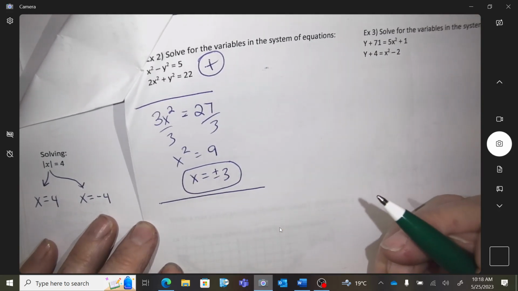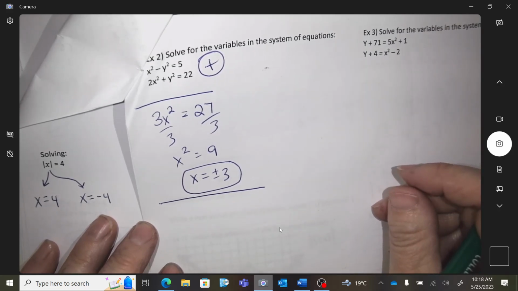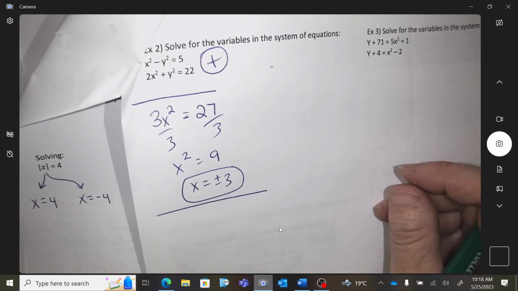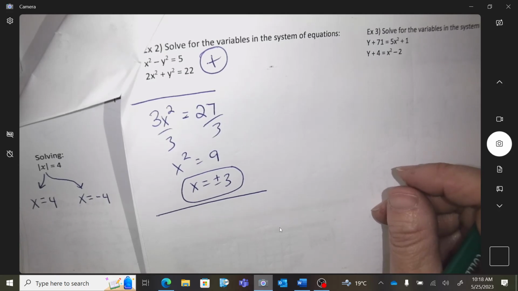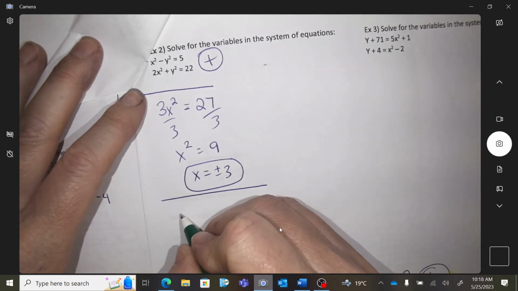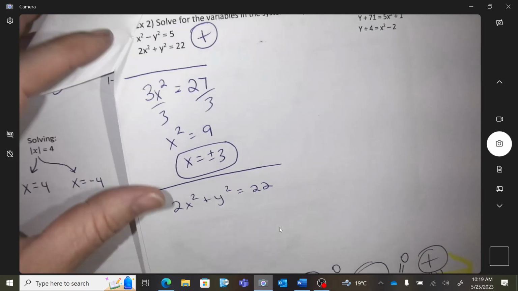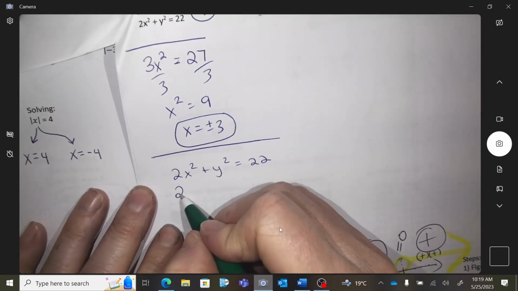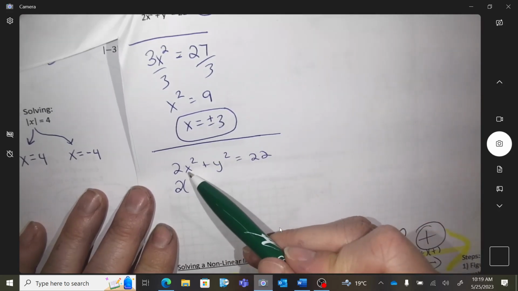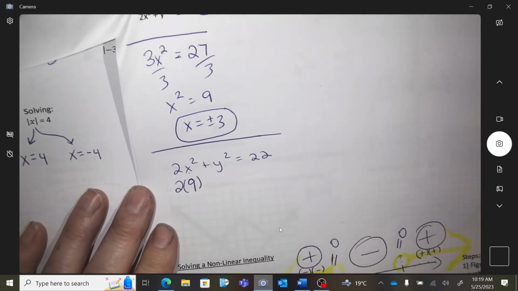Okay. Now, what do you want to do? We got to get x now. What's always the thing? Once you have a variable, what do you always do? What's the strategy? Once you have one, plug-ins, plug-ins, plug-ins. Which line do you want to work with? Bottom one? So 2x squared plus y squared equals 22 is what we're going to work with. 2 times, what could we replace x squared with? 9.